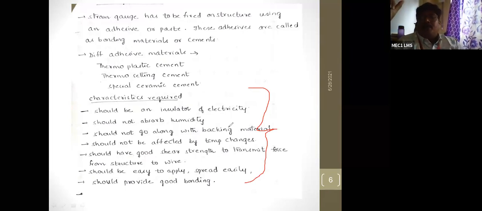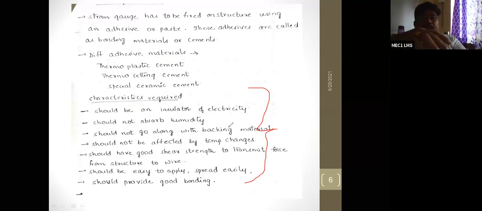The metal foil, semiconductor and other bonded strain gauges are made up of nichrome, that is 80% nickel and 20% chromium, isoelastic, that is 36% nickel, 8% chromium and 0.5% molybdenum, and constantan, 45% nickel, 55% copper, and nickel platinum. So these are the materials used for strain gauges.